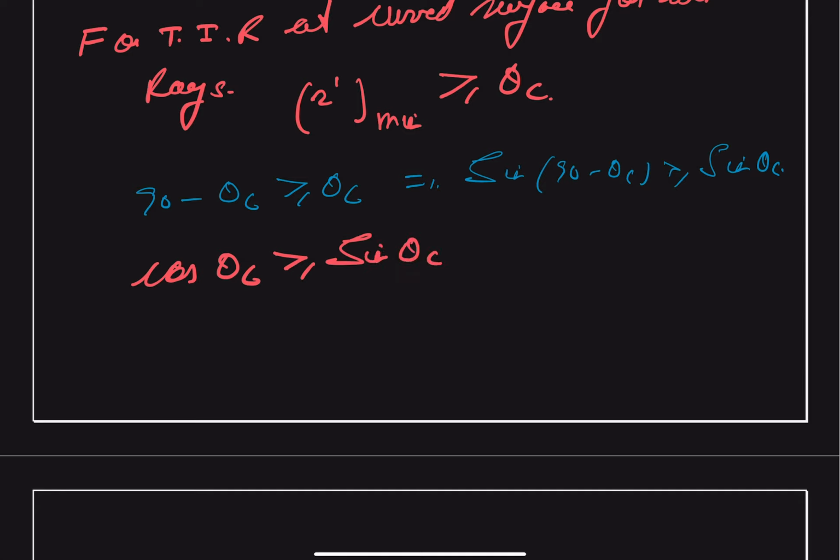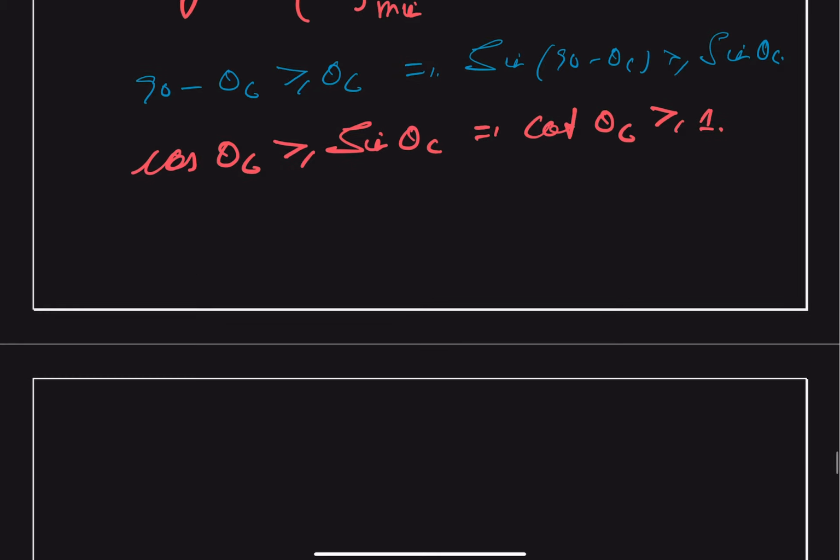Okay. And from here we can write that cot of theta c is greater than or equal to 1. And we already know that sine of theta c is equal to 1 upon n, and we are going to use the identity that sine square theta c plus cos square theta c is equal to 1.